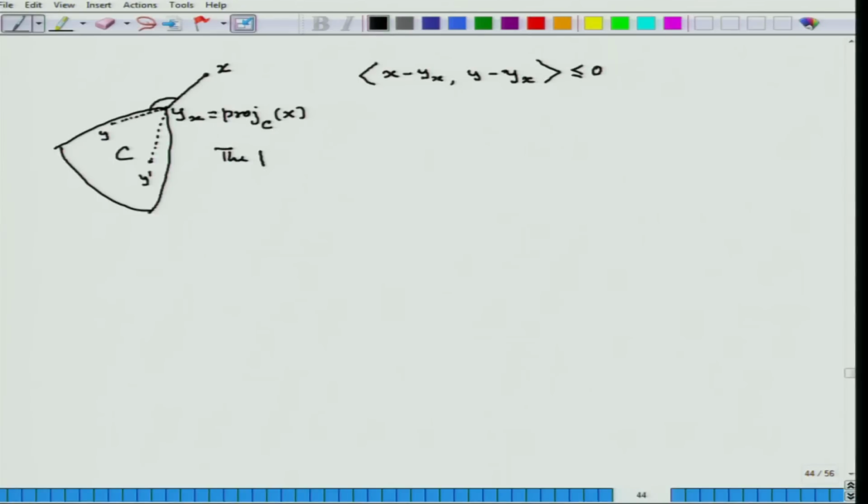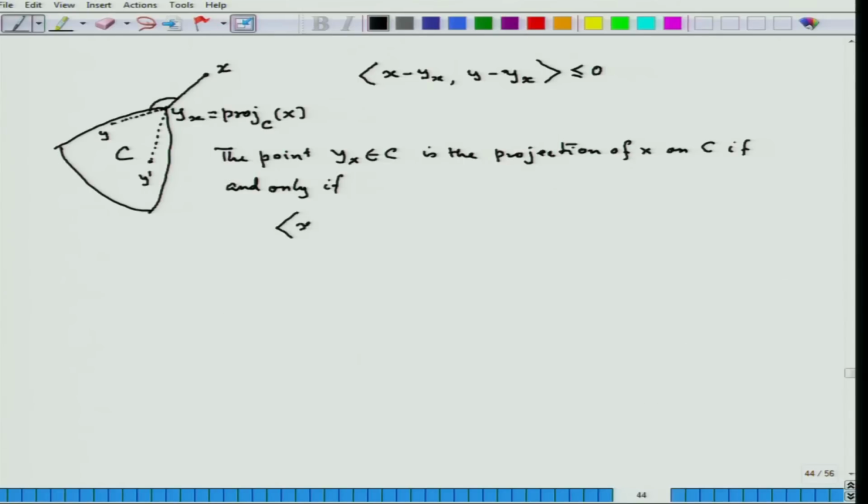The point y x element of C is the projection of x on C if and only if the inner product of x minus y x and y minus y x is less than or equal to 0 for all y in C. So, it is an if and only if condition.